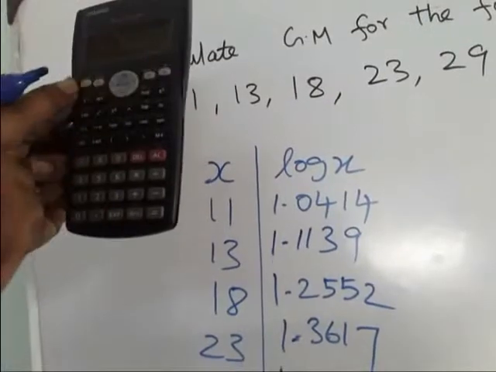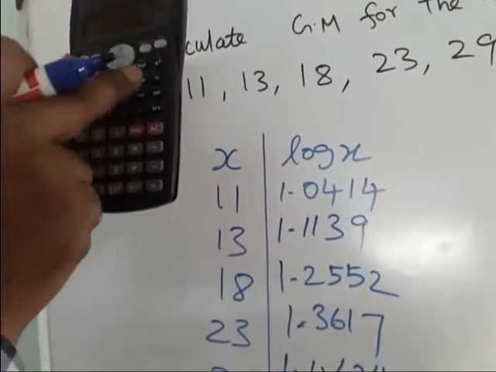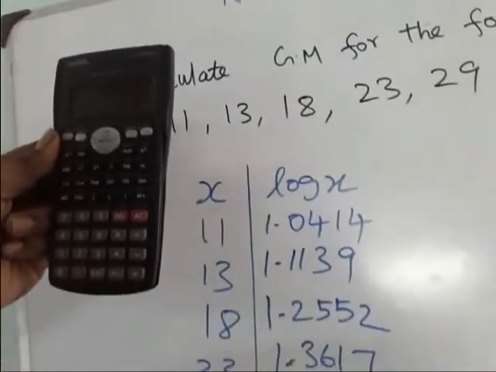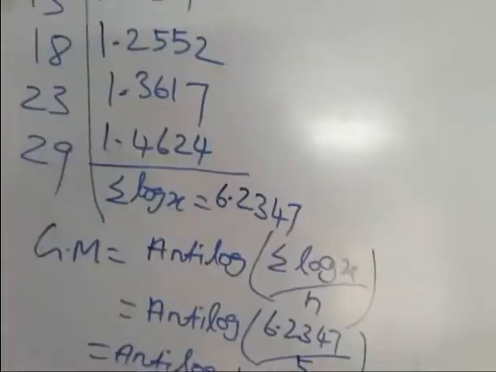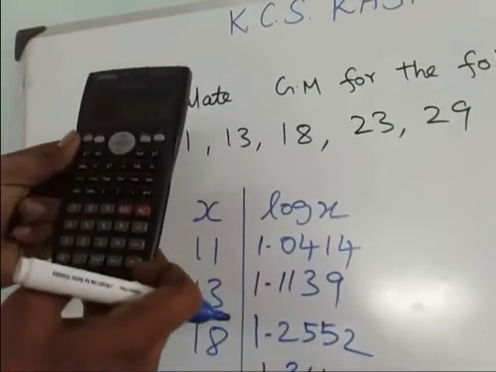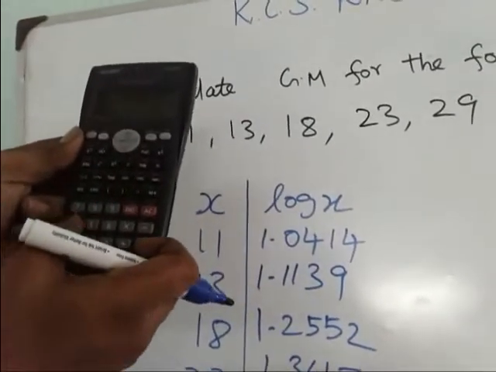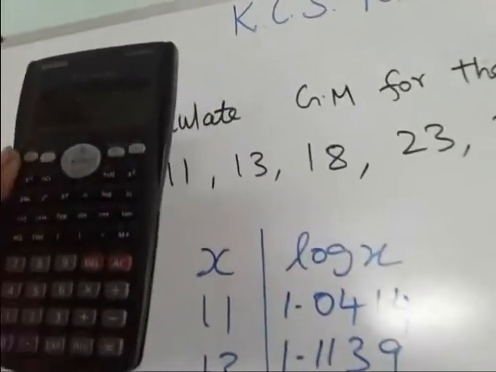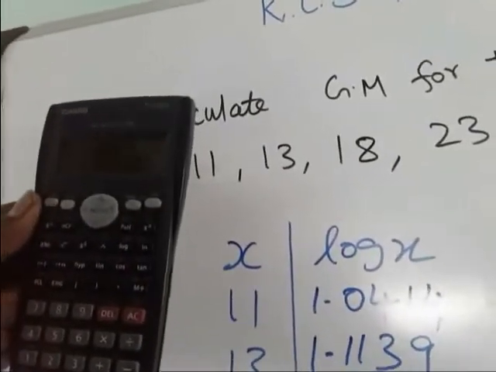Again I repeat, first you type shift then log, and you will get a 10 symbol. After that you type this value, 1.2469. Now type equal to, we get 17.6563.